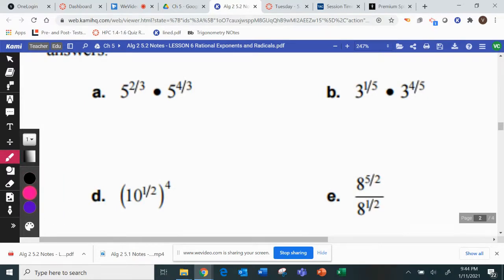Okay, the first one, we've got 5 to the 2/3 multiplied by 5 to the 4/3. When we multiply like bases, we add the exponents. So I'm going to be doing 5 to the 2/3 plus 4/3. I'm adding my exponents together. So I get 5 to the 6/3, which is 5 to the second power, which is 25.